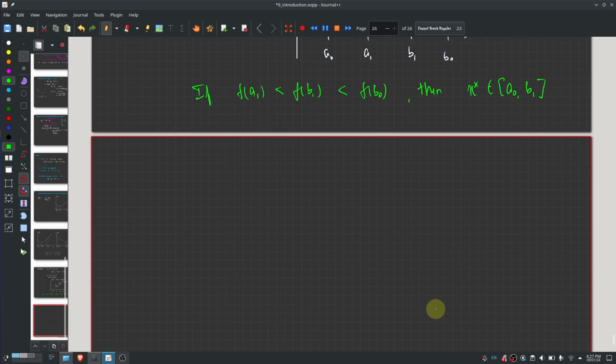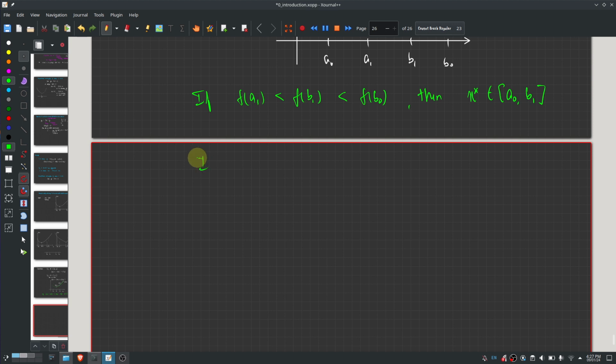Now on the other hand, if f of a0 is greater than f of a1, which is greater than f of b1, then what can you say about x star?